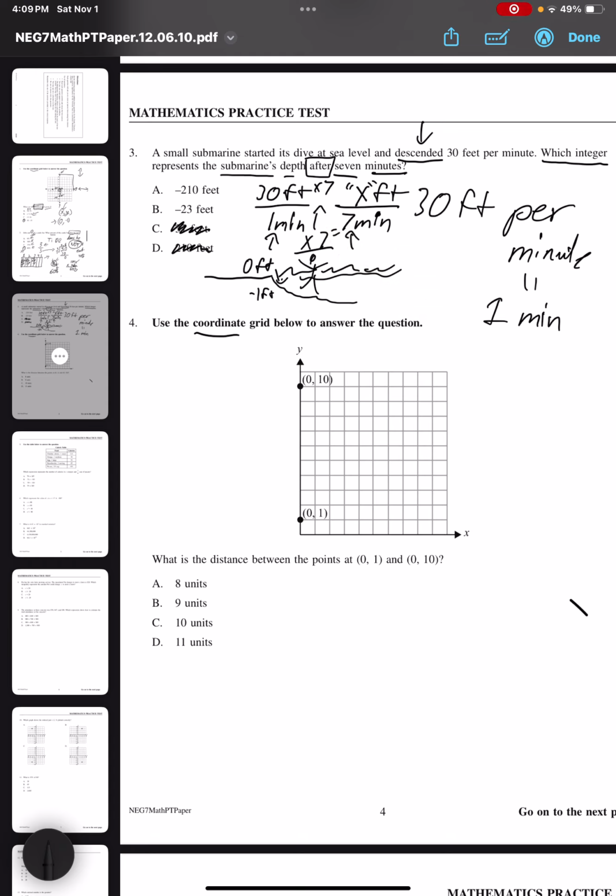So 30 times 7, that's going to be 210 feet. Do not forget, we're descending. Is that going to be a positive or is that going to be a negative? That's going to be a negative. So which of these two answers is negative 210?